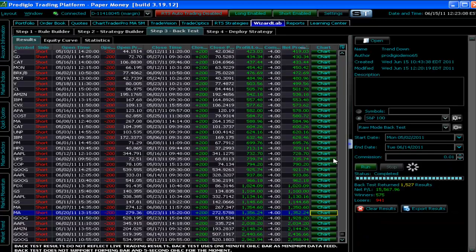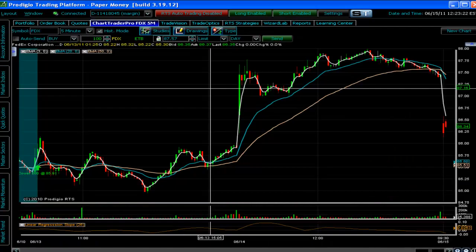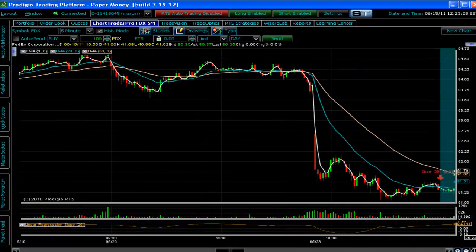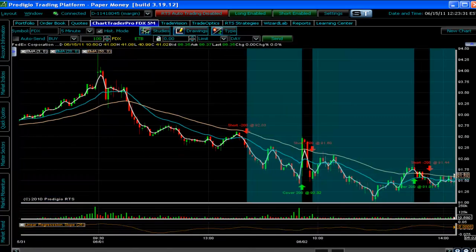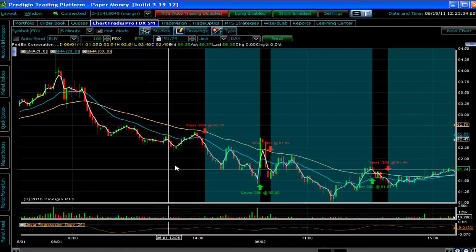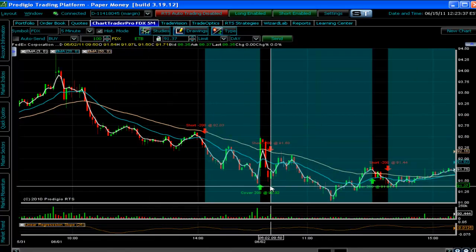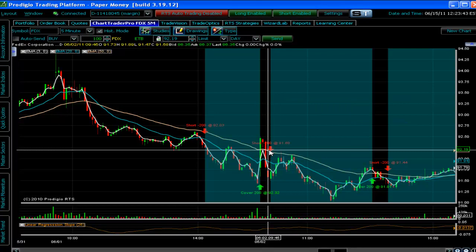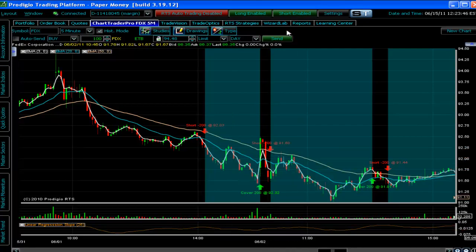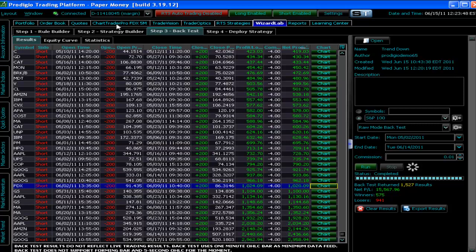Let's take a look at another example. Here's an FDX trade, and it went short 200 shares. Every time you see 200, that means the add to position rule kicked in. On June the 2nd at 1:35. Let's scroll back to June the 2nd. There are two trades here that looked pretty good.